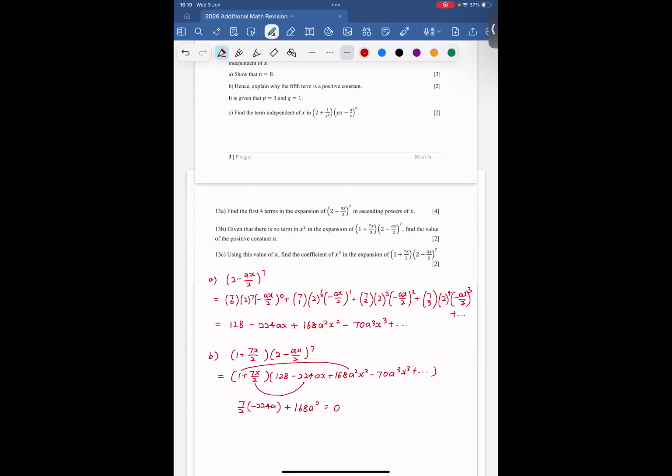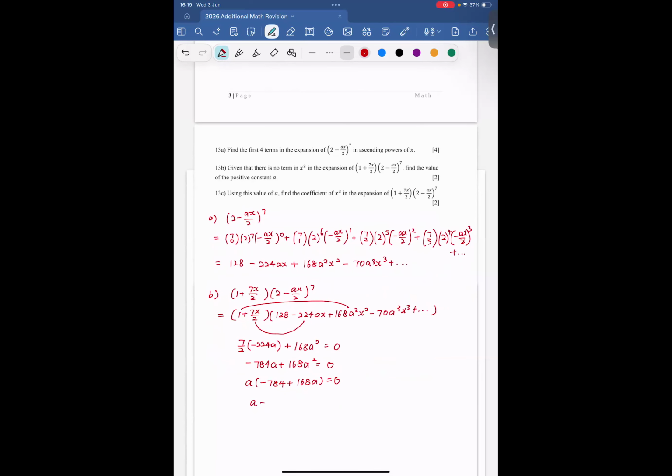So 7 over 2 times 224 will be negative 784a. Then what we do, we factorize a. And this will be a times (negative 784 plus 168a) equals 0.